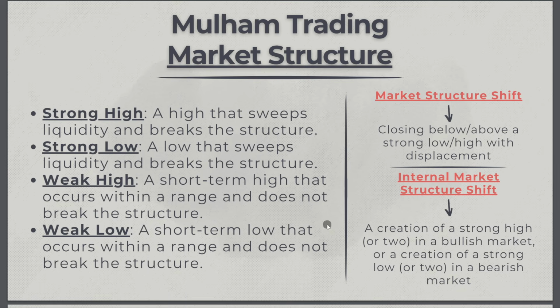Now, where do we consider, again, a market structure shift? A main market structure shift is a closing below or above a strong low or a high with a displacement. We have our main range, we have our strong highs and lows. Whenever we close above a strong high or a strong low with a displacement, that's a market structure shift. Now, an internal market structure shift is going to give us an indication of where the market might be switching direction.